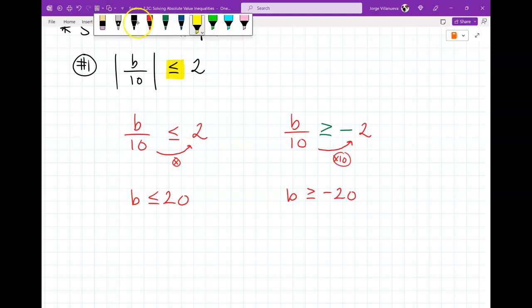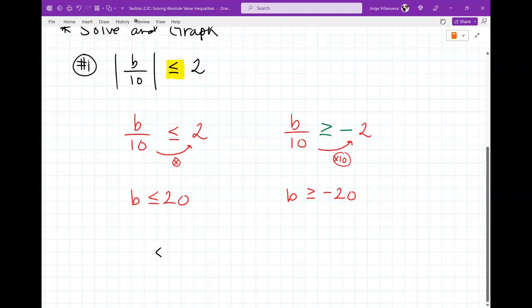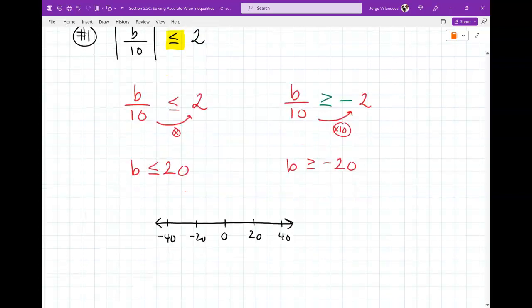So let me draw a graph here, or a little number line. I'm not going to make it too big. I'm going to go by 20s, just to make it easier. 0, 20, 40, negative 20, negative 40. So I'm going by 20s.